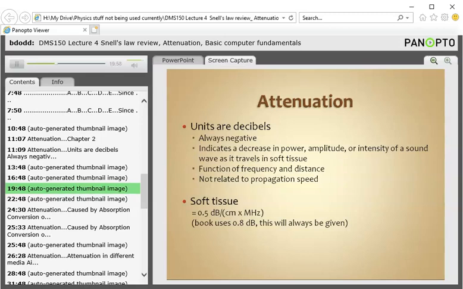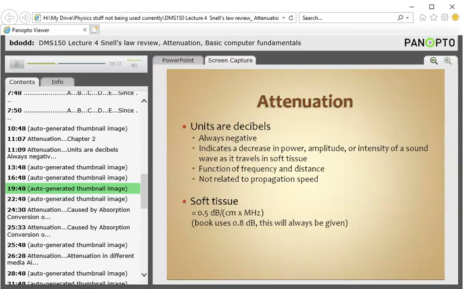So anytime you're asked to image something or the return trip, you just multiply your depth by 2, okay? So anytime we're doing a return trip, if we're imaging at 10 centimeters, that means we're sending a signal down 10 centimeters and it comes back 10 centimeters. So whenever we're talking about depth, we double our distance.